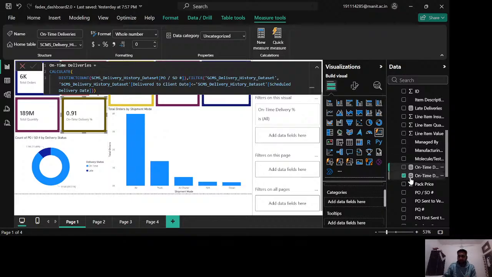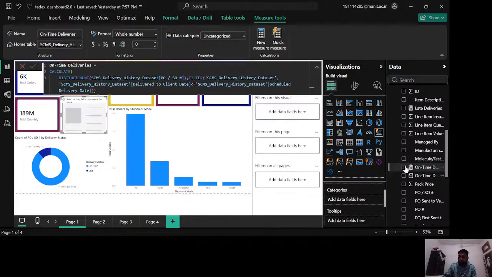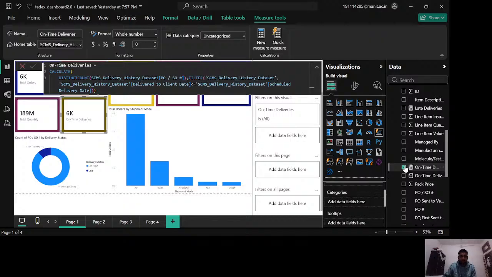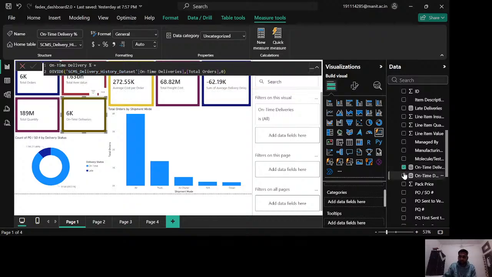Then we apply the on-time delivery function, which we calculate by dividing the on-time delivery by total order.